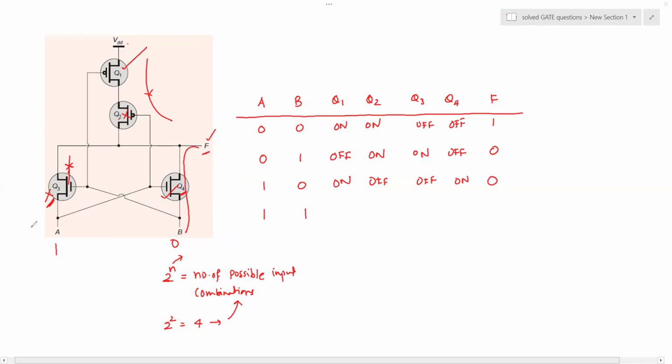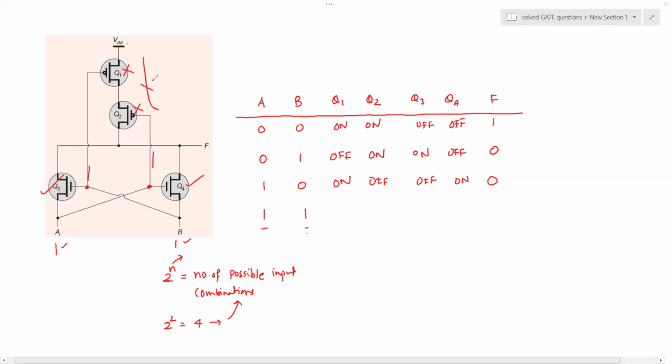Now, it's time to apply the final combination, which is 1 1 right here. So 1 comes to A, 1 comes to B, making both the transistors Q3 and Q4 switch on. Remember, at the gates of Q3 and Q4, logic 1 is appearing. At the same time, through these cross connections, the other transistors receive logic 1 at the gate and therefore are off.